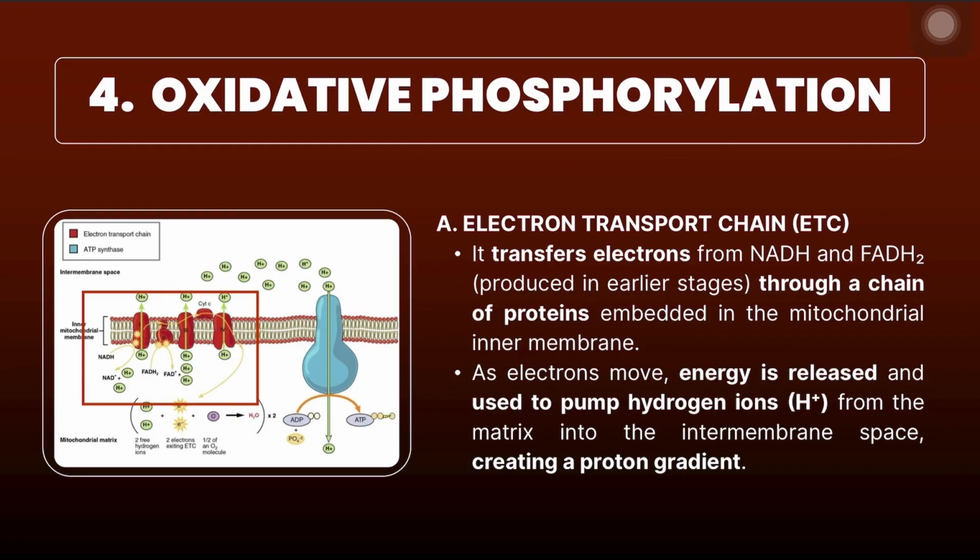Each transfer releases a small amount of energy, which is used to pump the protons, or hydrogen ions, across the membrane, and it builds a proton gradient, also known as an electrochemical gradient.